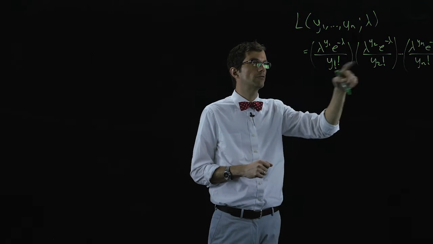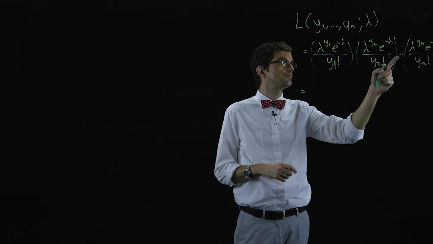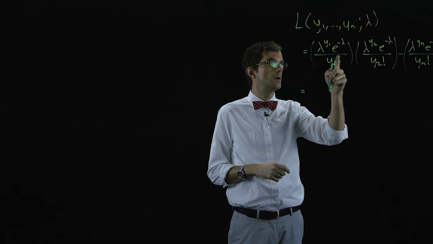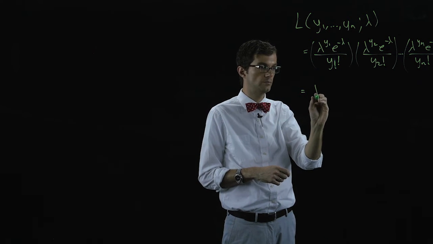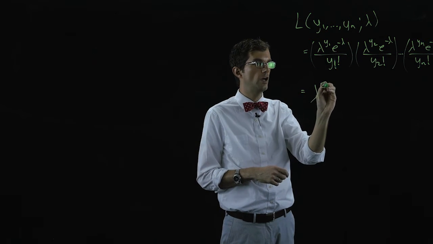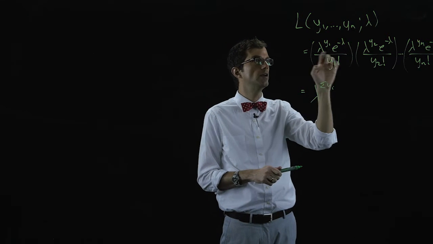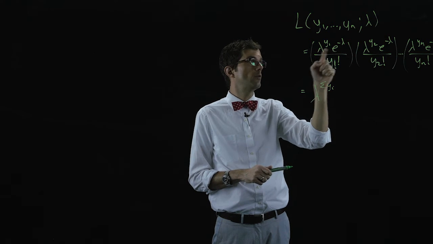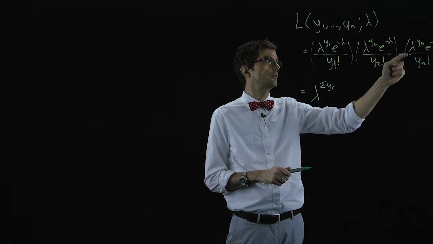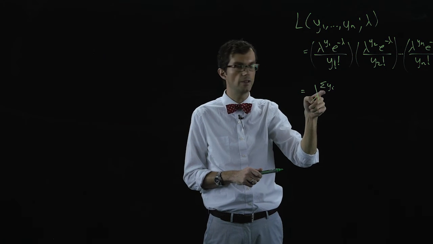Okay, so we can rewrite this as, this would be lambda to the sum of y sub i's. Remember what we do if we're multiplying a value raised to a power several times over: we're just summing up those powers and putting them here.